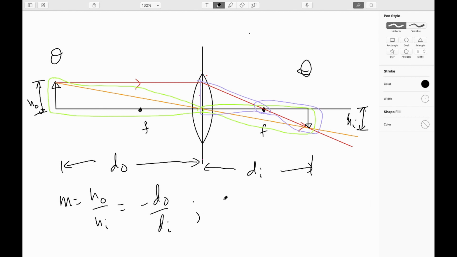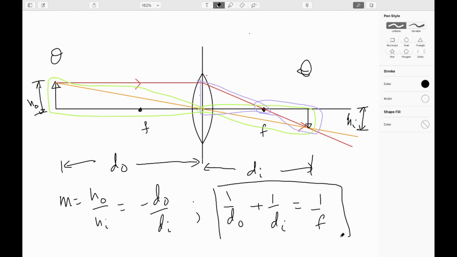And once again, the most useful equation in optics shows up: 1 over DO plus 1 over DI equals 1 over F. So it's the exact same results that we got before. And again, it is the exact same sign conventions that we used before, so I'll just refer you to the previous video on them.